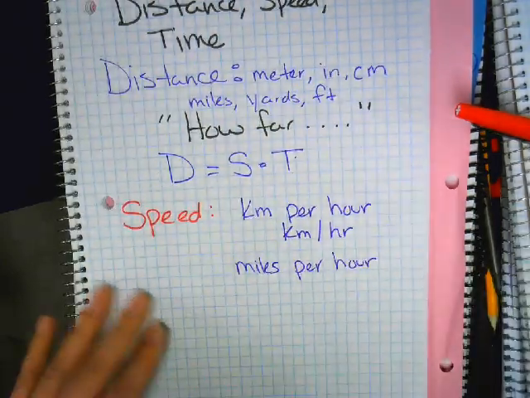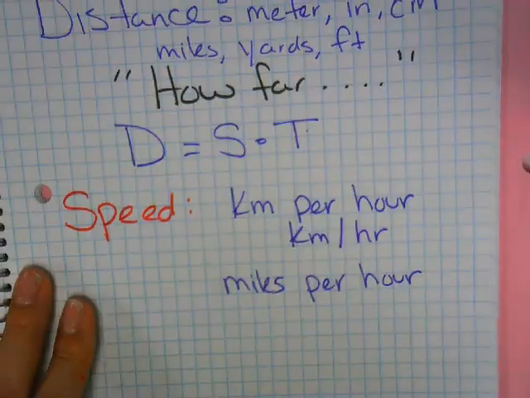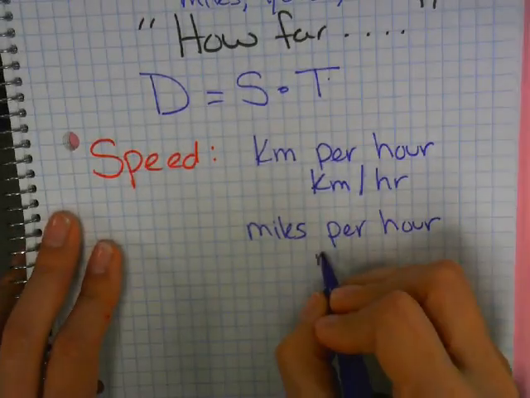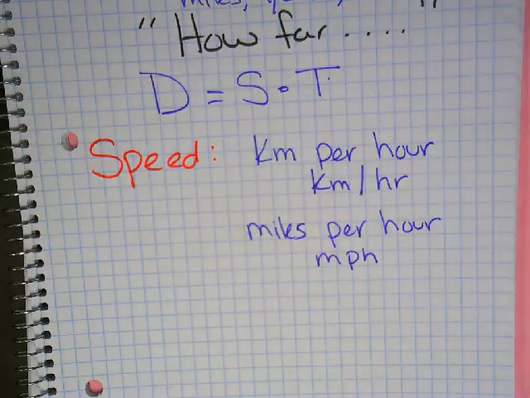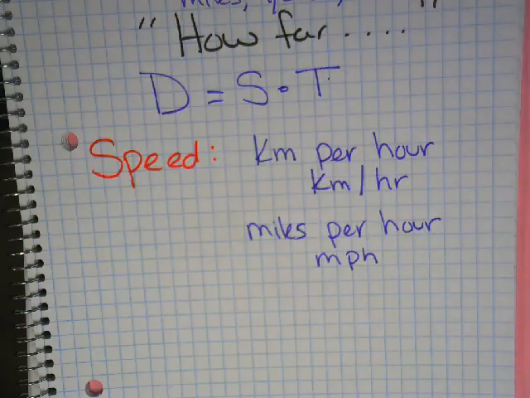And how do I abbreviate miles per hour? MPH. When you're in the car with your parents and you see the sign that says 35, 65, they'll write miles per hour. That's usual in the United States. Every other country outside the United States uses kilometers per hour.